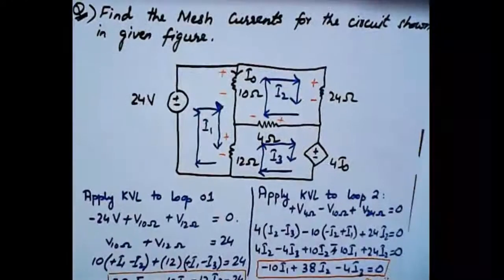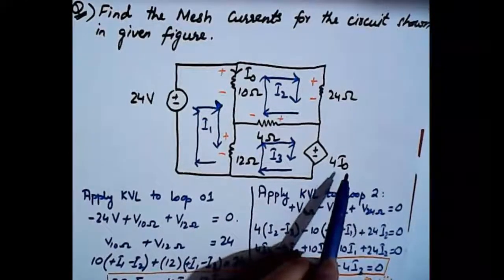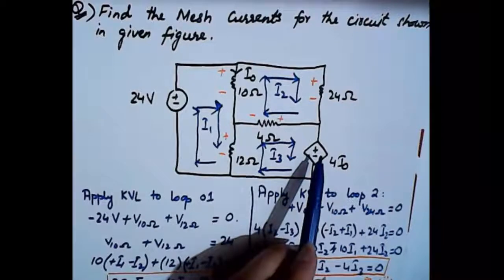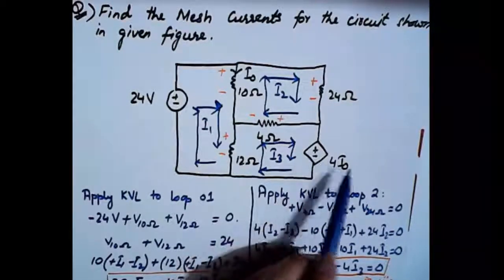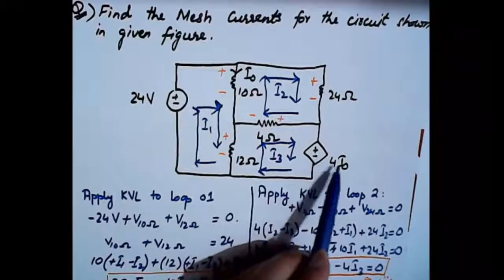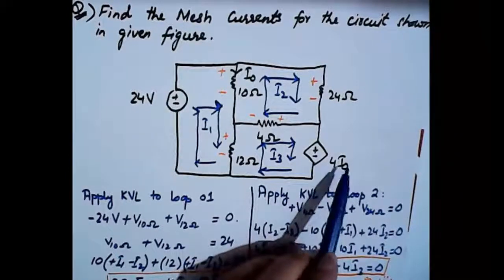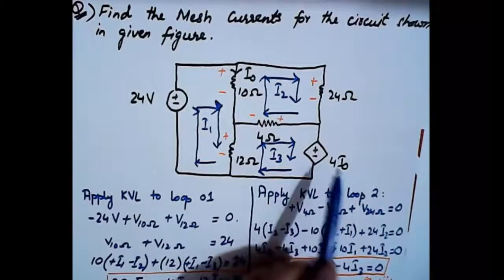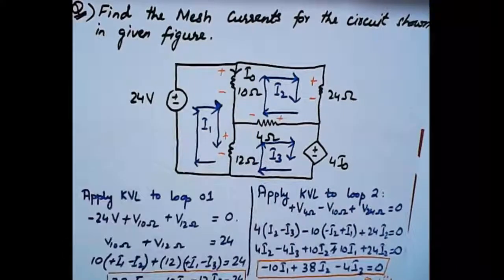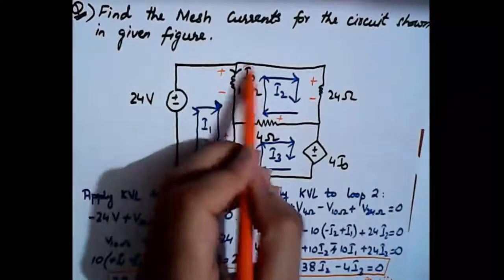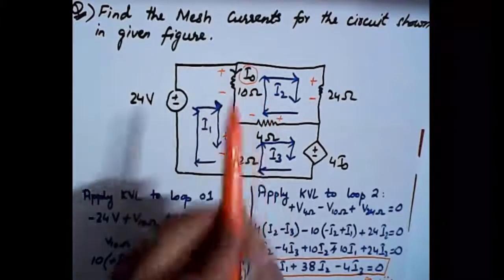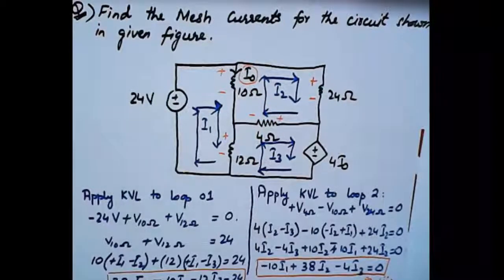Now what is I0? I0 is basically the magnitude of the dependent source. Since it is a rhombus, it shows a dependent source, so I0 must be mentioned somewhere in the circuit, and here you can see that I0 is the current flowing through the 10 ohm resistance.